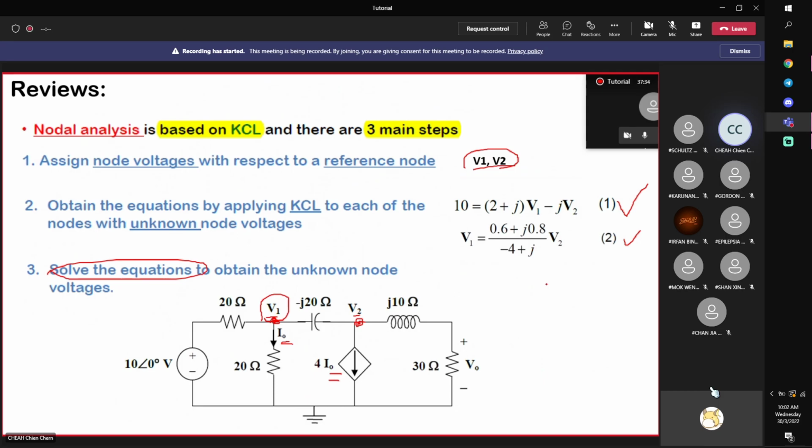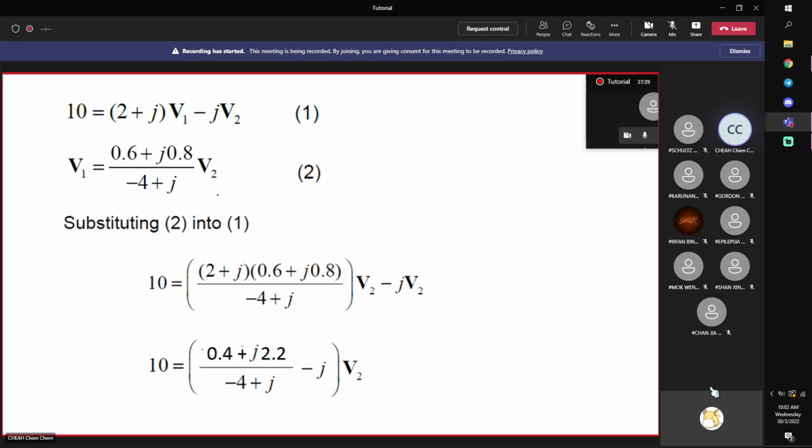Usually for two equations with two unknowns, the substitution method is the easiest. Just express one in terms of the other and substitute into the other equation. Then this will be replaced by V2.